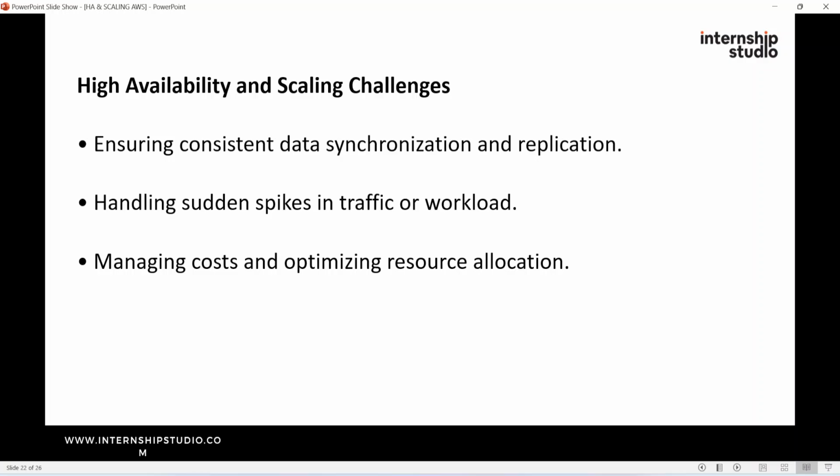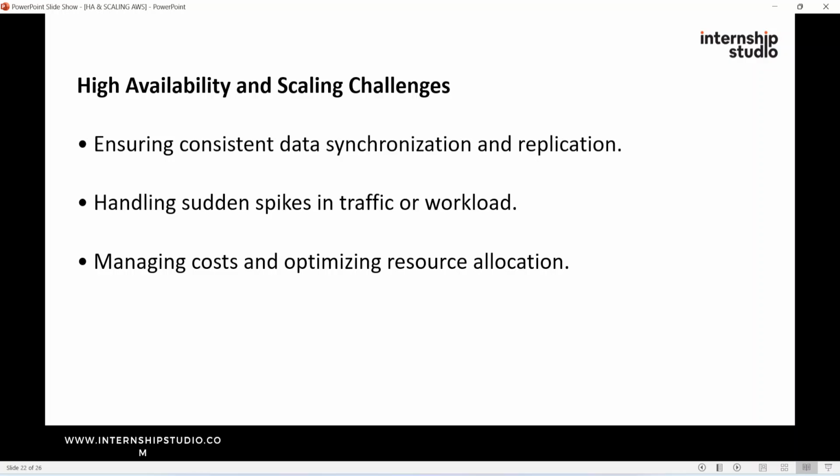Ensuring that all replicas have the latest and accurate data is crucial to prevent discrepancies and data corruption. But there is a solution: implementing robust synchronization mechanisms such as two-phase commit protocols or distributed consensus algorithms can help maintain data consistency across multiple nodes. Also, there are latency and network delays, and conflict resolution.